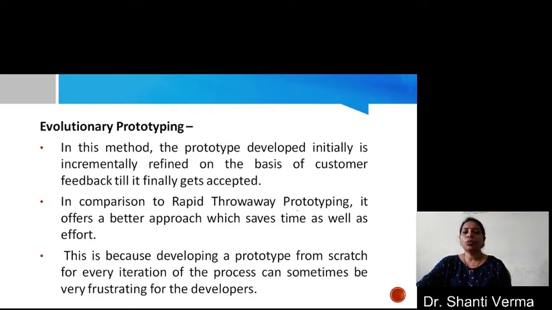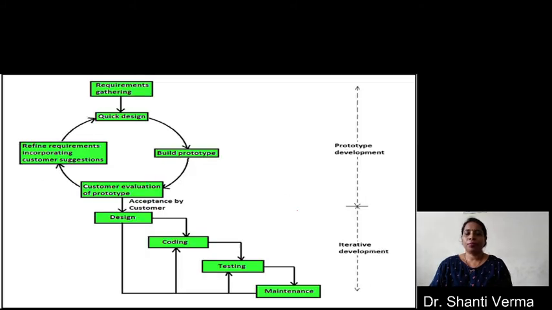In comparison to rapid throwaway prototyping, it offers a better approach and saves time as well as the efforts of the developer. This is because developing a prototype from scratch for every iteration of the process can sometimes be very frustrating for developers. So the evolutionary prototyping approach is better as compared to rapid throwaway prototyping.